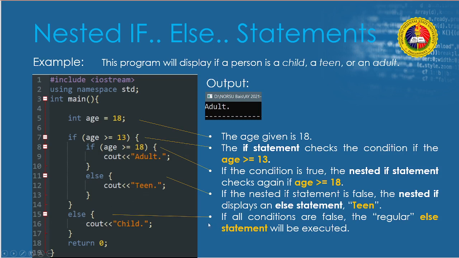And then, if all the conditions are false, it will say child. Meaning, obviously, if we've entered numbers from 0 to 12. Again, there are many ways on how we can create the program, but this would be one of the best ways on how we can make use of the nested if statement.